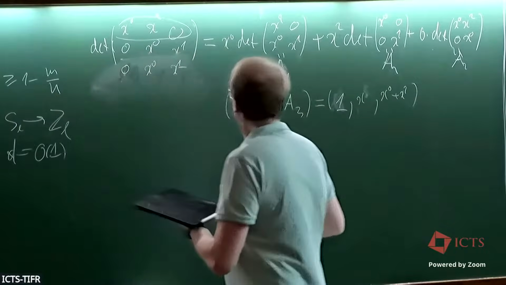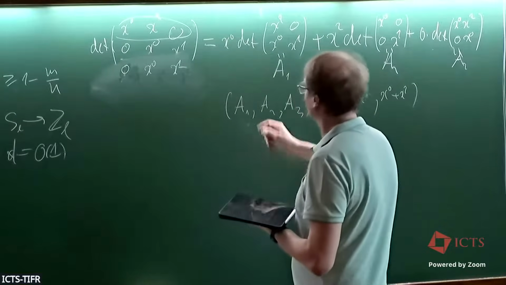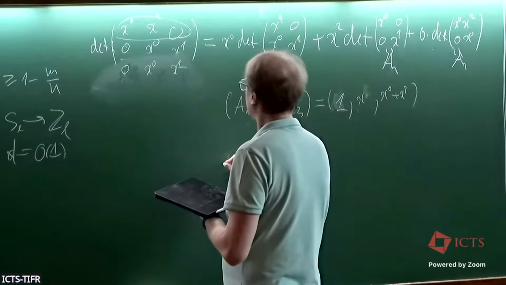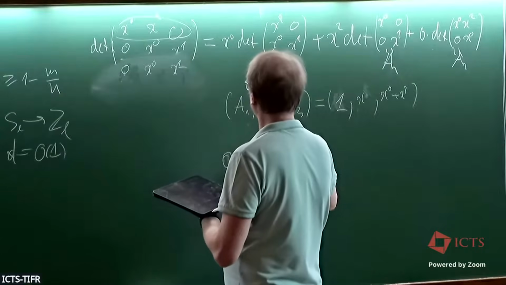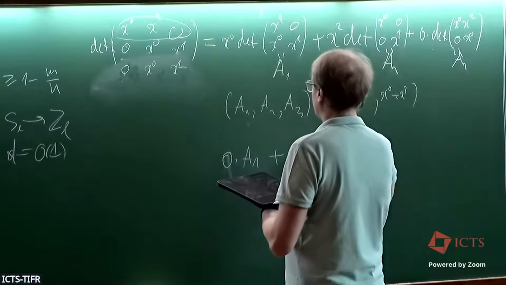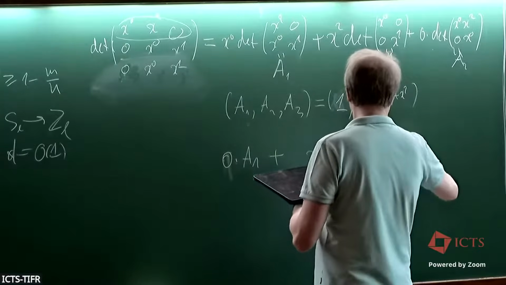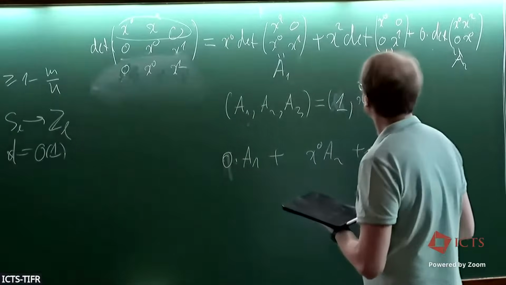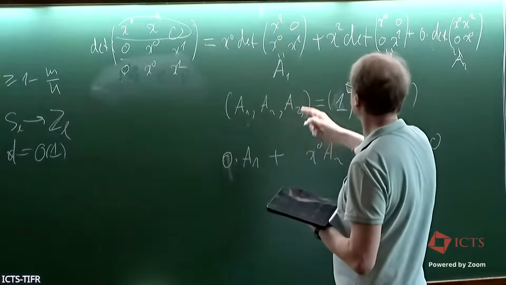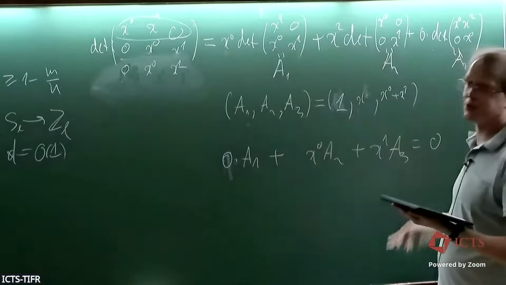And we will have some similar calculations that will show that x0 multiplied by A1 plus x0 multiplied by A2 and x1 multiplied by A3 is equal to 0. So we have two equations. The first equation is this one, and the second one is this one.